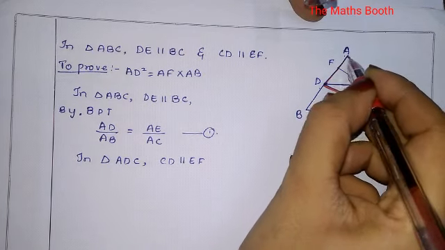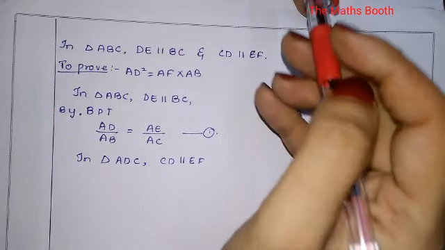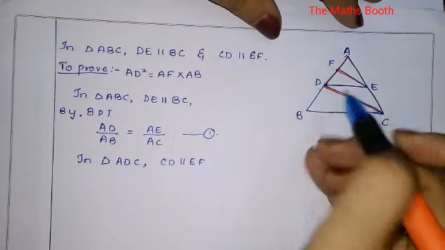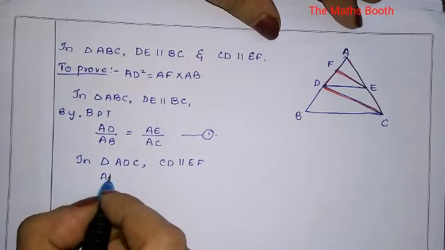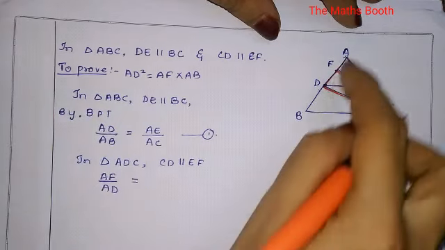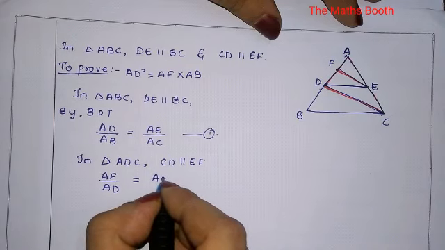The down part is not there now. This and this are the parallel lines. So AF by AD, by BPT, AF by AD is equal to AE by EC, AE by AC.